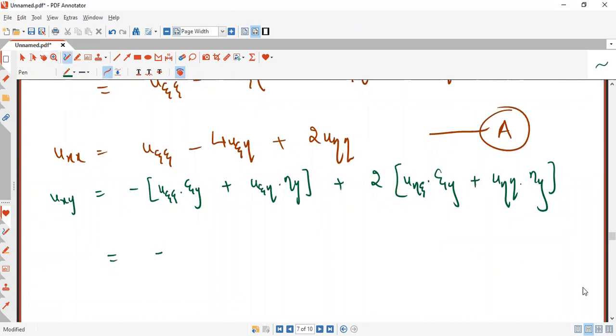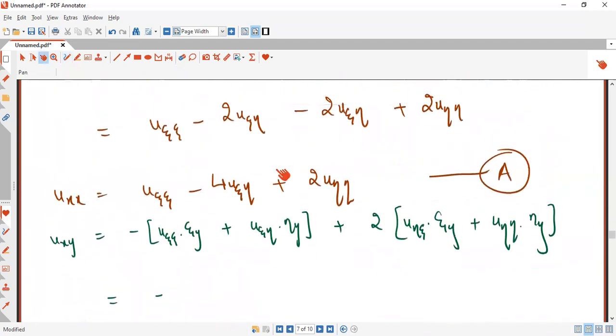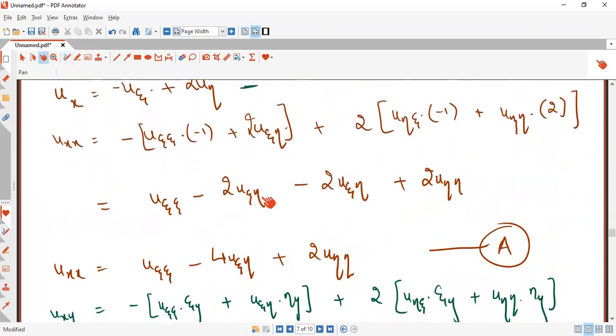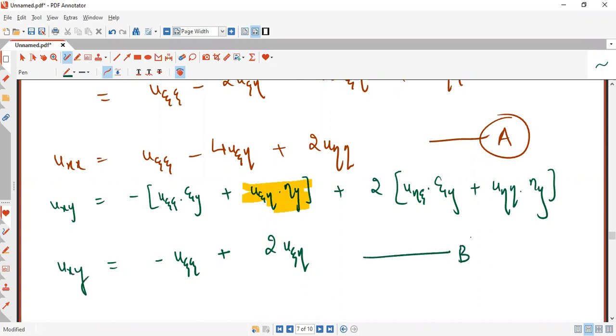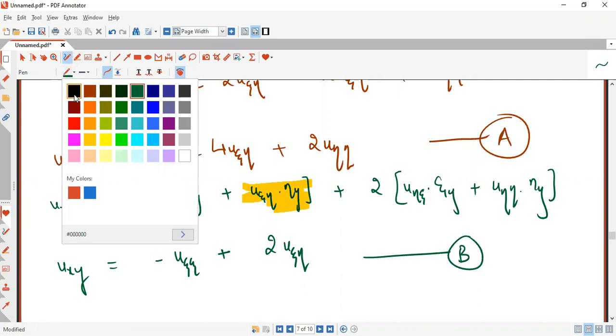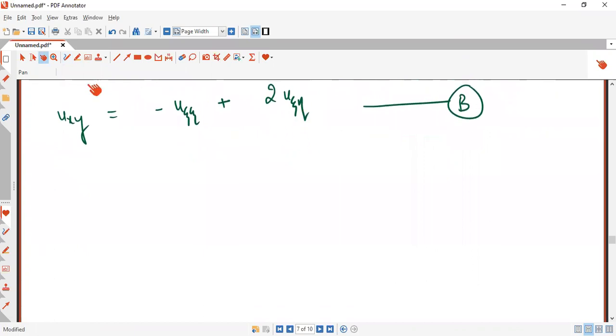Minus of u xi xi xy is what? 1. Eta y is 0, so this term will be cancelled. So minus of u xi xi plus 2 of u xi eta. Eta y is 0, so another term will be cancelled. Right?